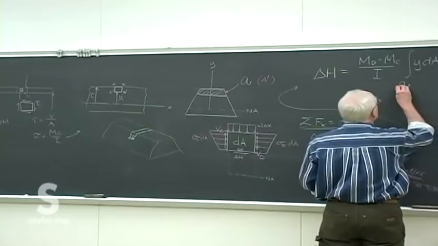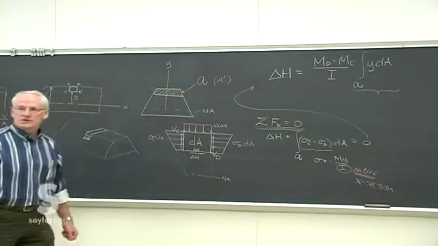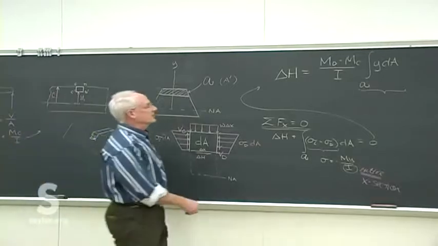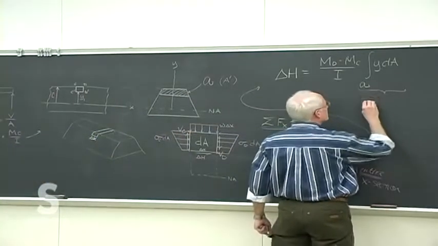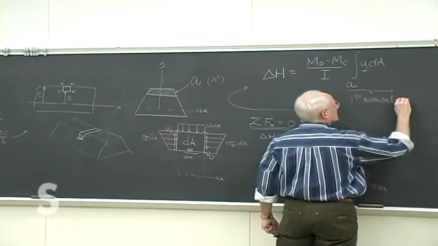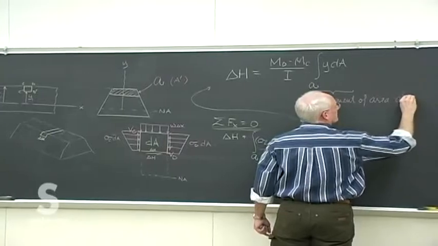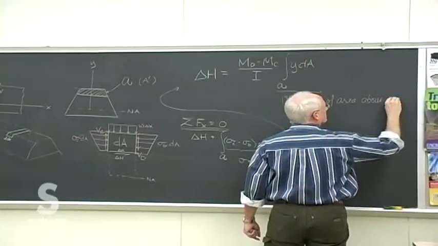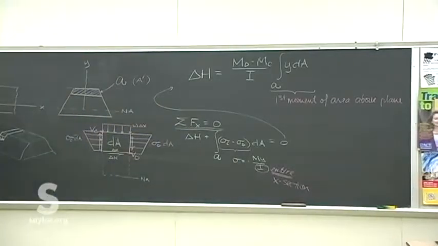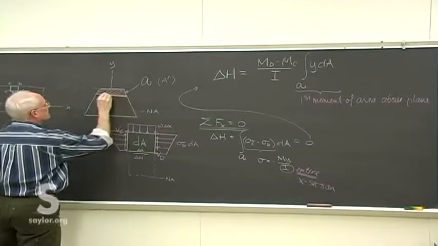And this little part here is entirely geometry of the cross-sectional piece above our plane of interest. So this is the first moment of area above the plane we're interested in, as established by this Y here.